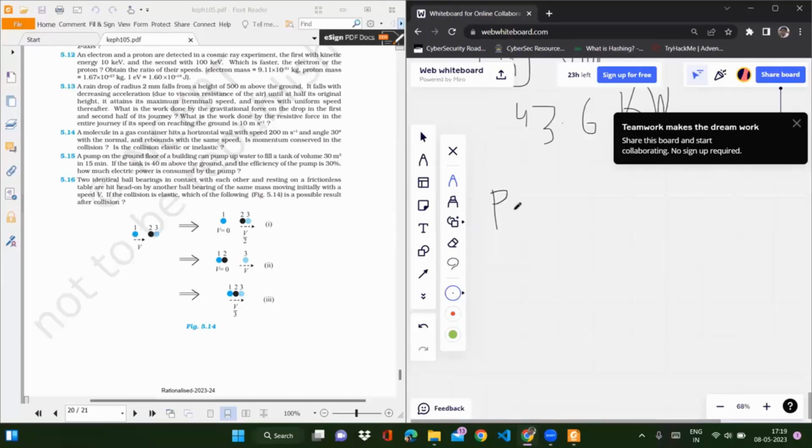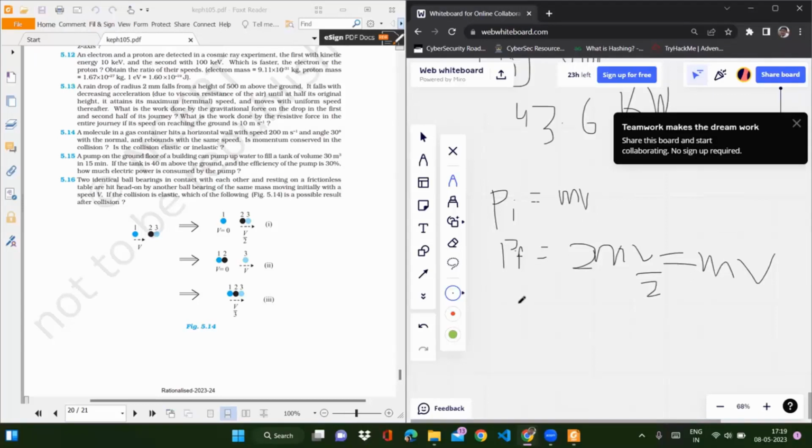P final, the final momentum, is mv/2 plus mv/2. The two masses are there, 2m into v/2, which is nothing but mv. So the initial and final momentum are the same, meaning the first condition is satisfied.